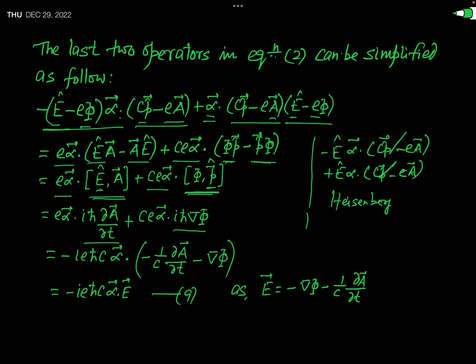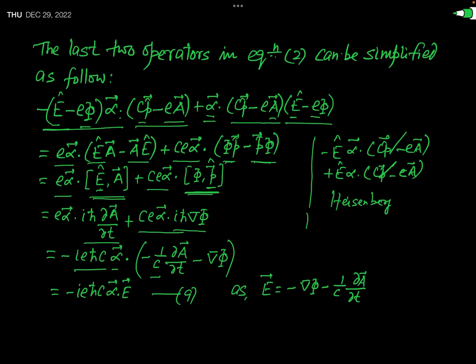Now to cast this result in a suitable form, we simply take minus i e h bar c alpha dot as a common factor. In the second term this is present except for the minus sign, but in the first term there is no c present, so we will divide the first term by c.